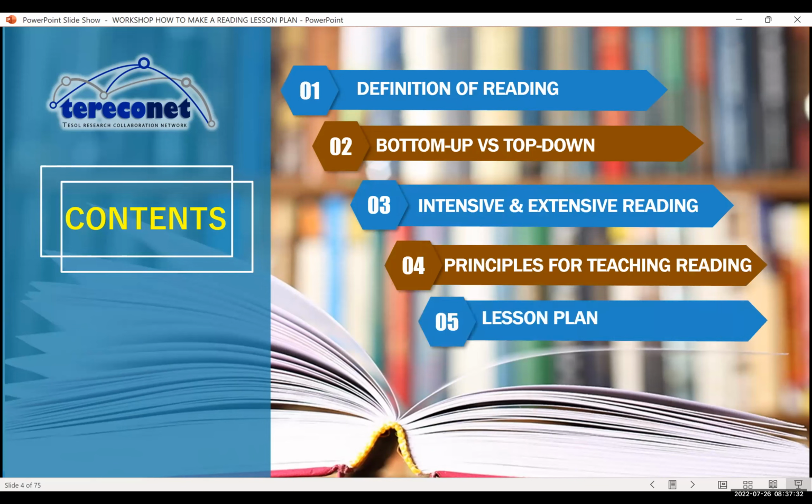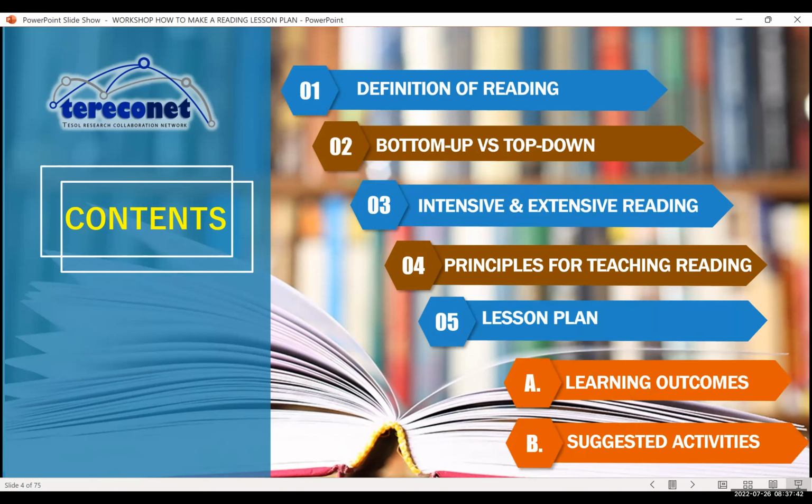And the most important thing we will focus on today is the lesson plan. So in the lesson plan, we will concentrate on the learning outcomes and some suggested activities for the three main stages, pre, while, and post.